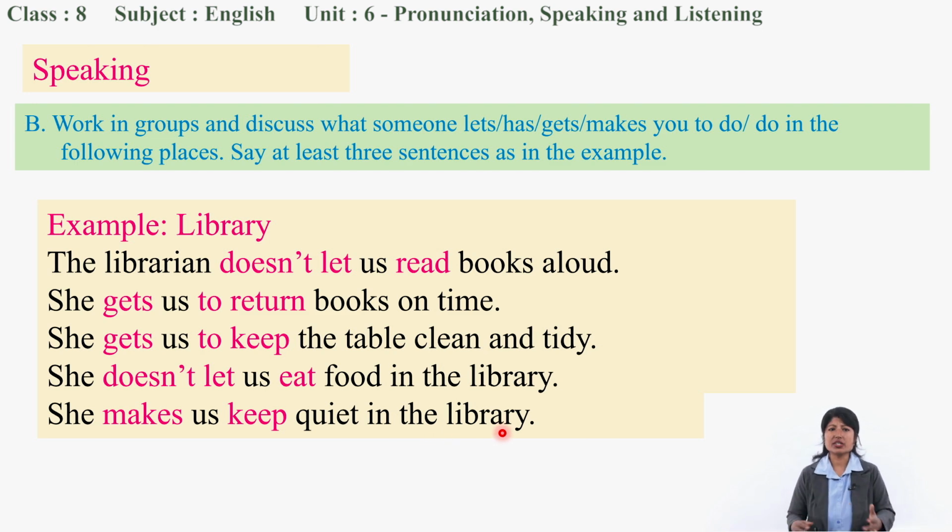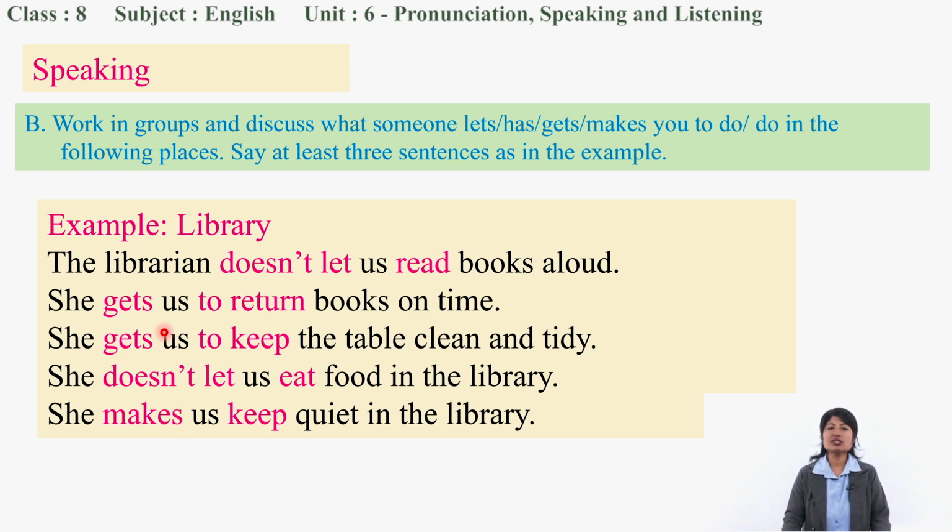So what are we doing over here? We have to write it from the point of view of another person in the particular place. So this is about the library. And as we know, the highlighted words are the focus words.